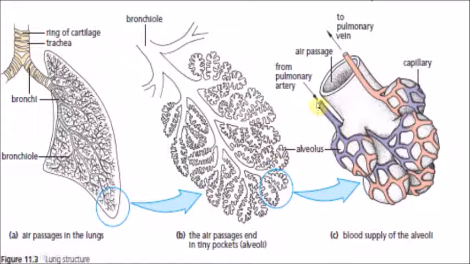Vice versa, deoxygenated blood has lots of carbon dioxide in it, and that's a lot more carbon dioxide than in the alveoli. So carbon dioxide diffuses through the 2 cells, capillary and alveoli, into the lung or the air sac, and it does that down a concentration gradient.